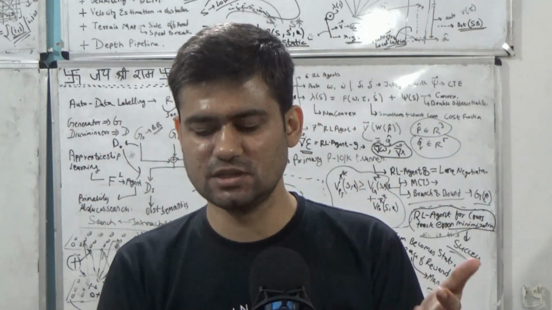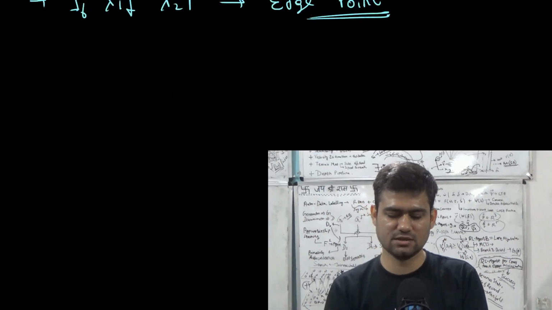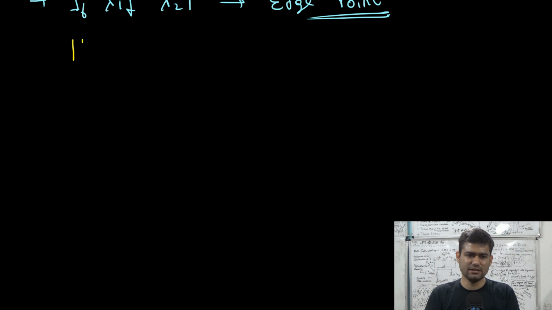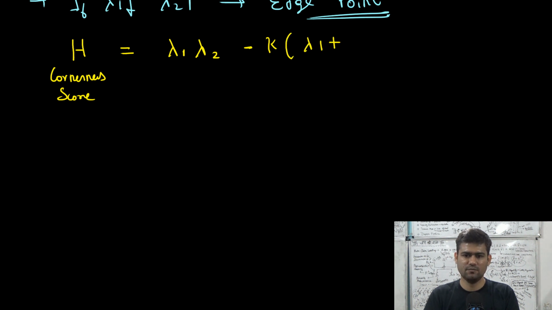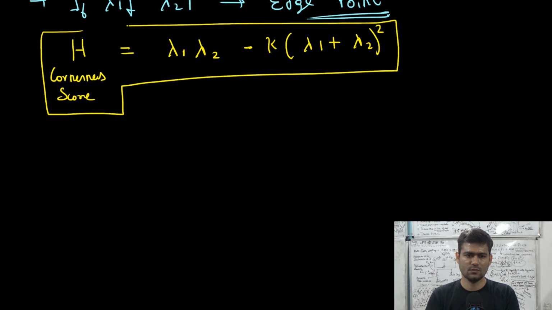The cornerness score function that the Harris corner detection algorithm gave us is represented by H, the cornerness score of a pixel, and is simply given by lambda 1 times lambda 2 minus some constant k times (lambda 1 plus lambda 2) squared, where k is some small constant.